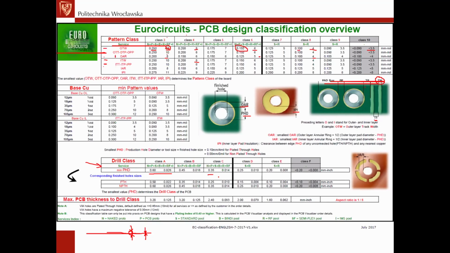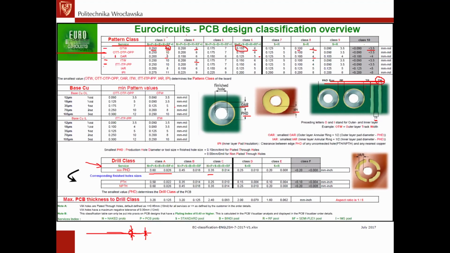Of course, this is the finished hole, which means that the drill used is slightly larger, but still, this is very tiny. So imagine a drill with 0.5 millimeter diameter or less. How accurate the drill must be and how strong the material must be. Of course, how expensive the drill would be.